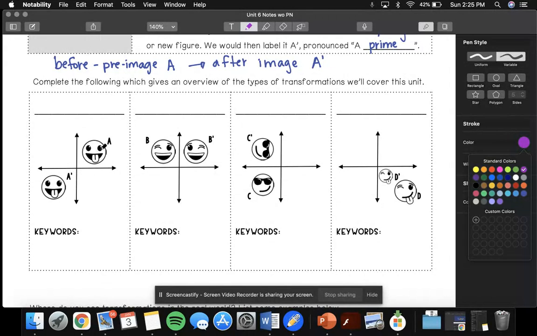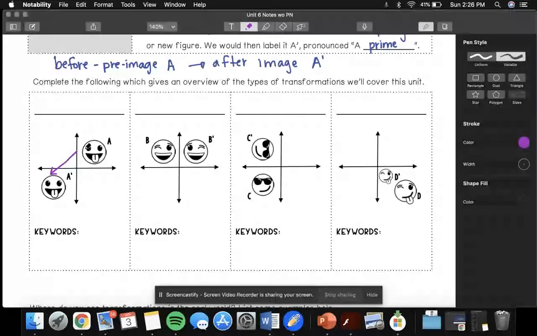So when I look at them, they don't really look like they've changed sizes or anything. It just kind of looks like it just moved down. Okay, so when we just move things, those are called translations. Okay, sometimes I call it just sliding.